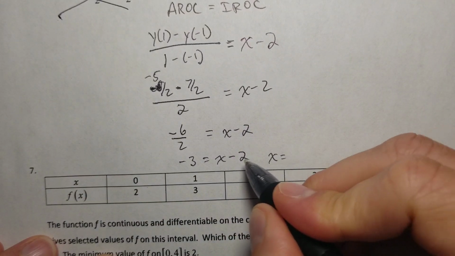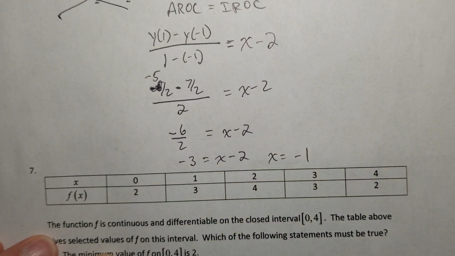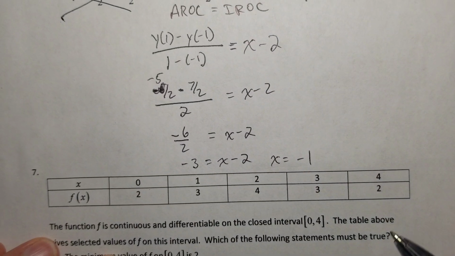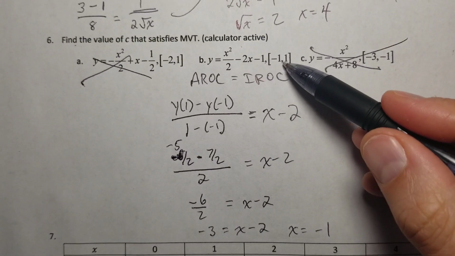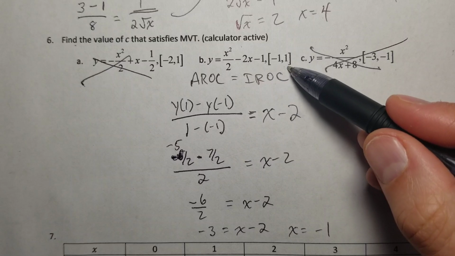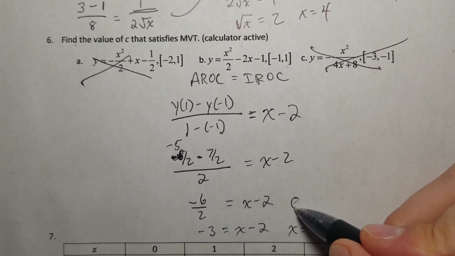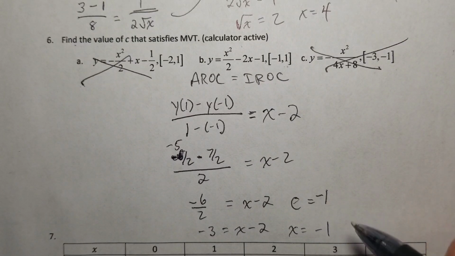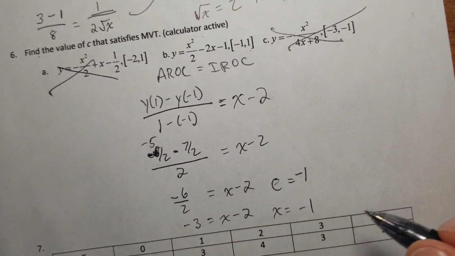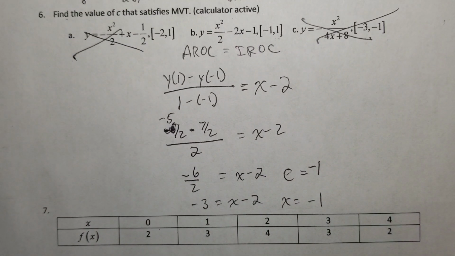So the x value, when we add it over, will become -1. And -1 falls in our interval from -1 to +1. So the c value that we want here is -1. And again, if there was a justification step, we could say by mean value theorem.